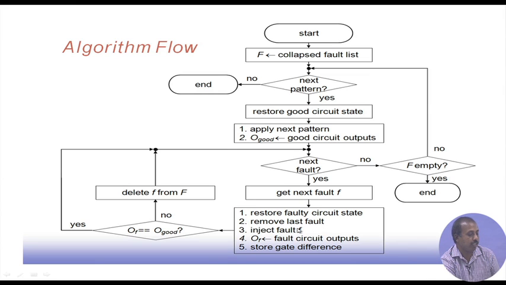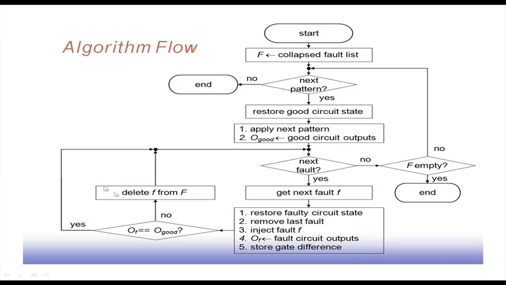OF is the faulty circuit output response, and we store the gate differences, meaning wherever the gate outputs differ, only those gates are remembered. Then we see whether the output response is the same as the good response. If they are not the same, that means this fault F has been detected, so it takes up the next fault and continues.